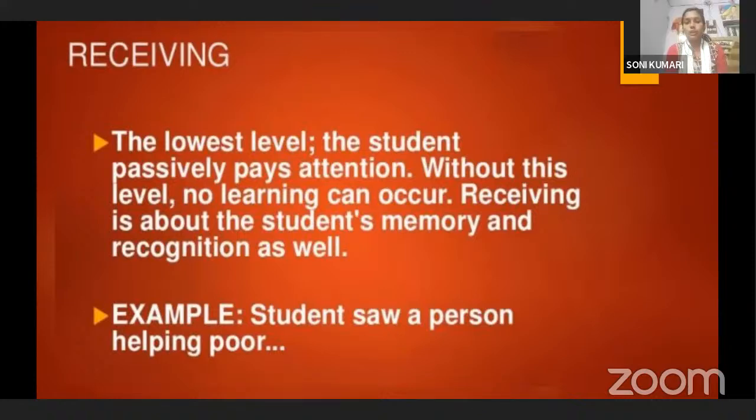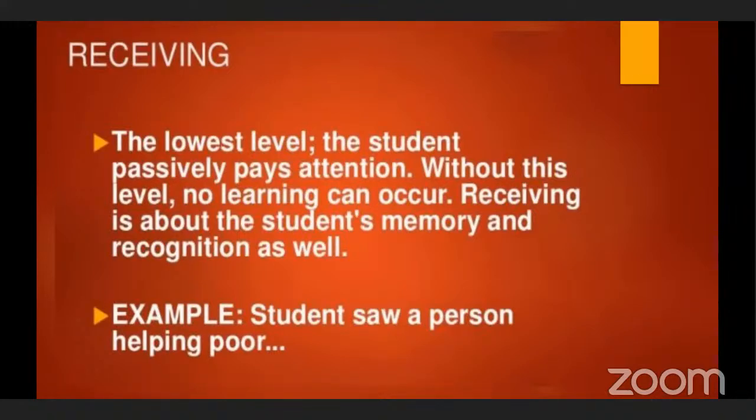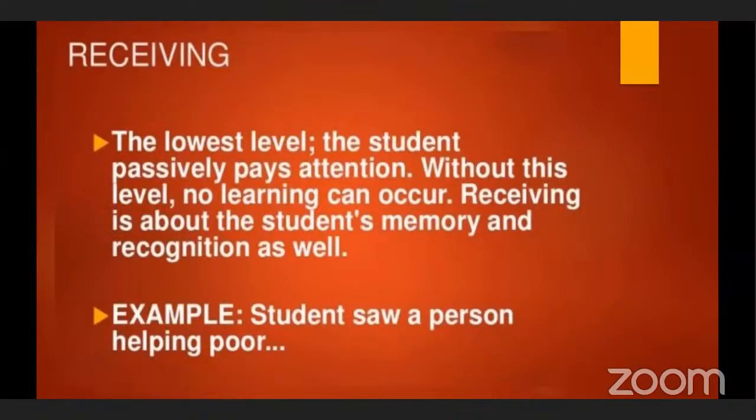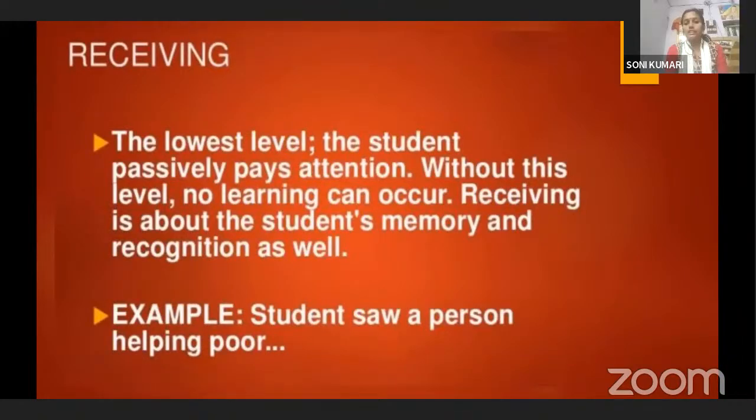Without this level, no learning can occur. Receiving is about the student's memory and recognizing as well. For example, a student saw a person helping the poor.